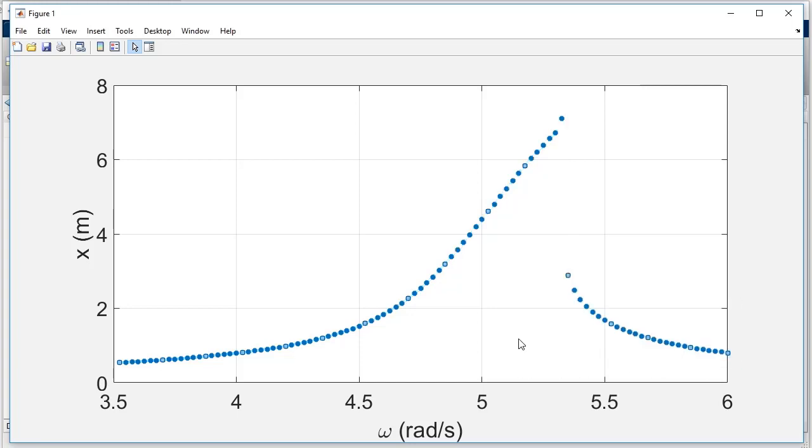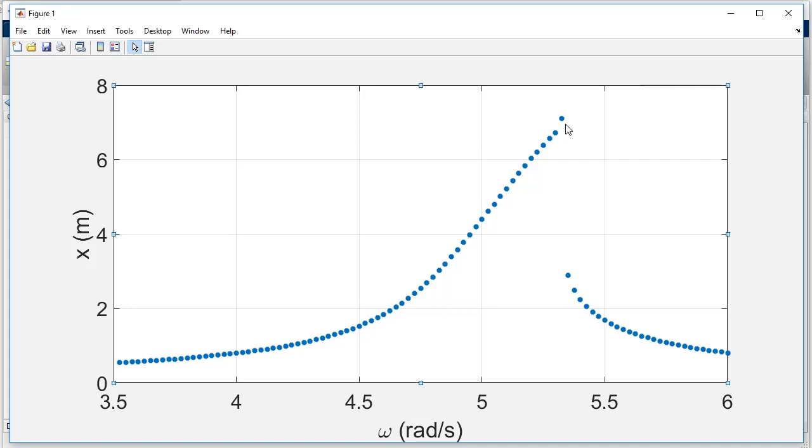So line style none. This is something interesting that you can see here: let's say you have your oscillatory system and you are exerting a force on the system with this frequency here, and then you just slightly change the frequency and you are going to have a jump in the amplitude. That is something that is very dangerous for many systems.